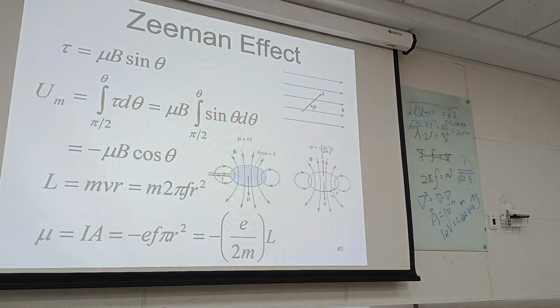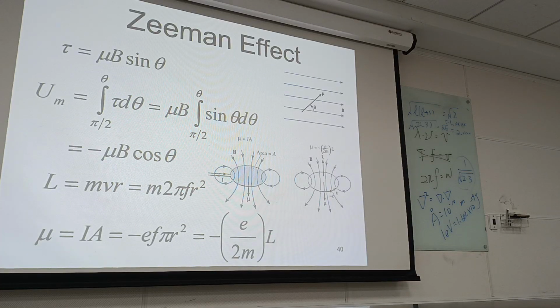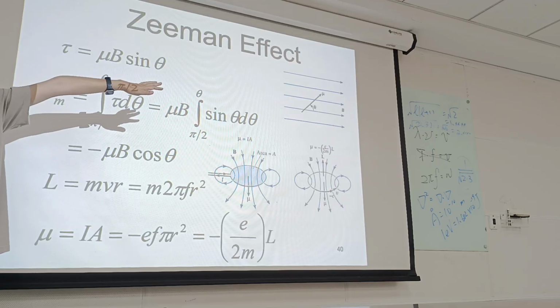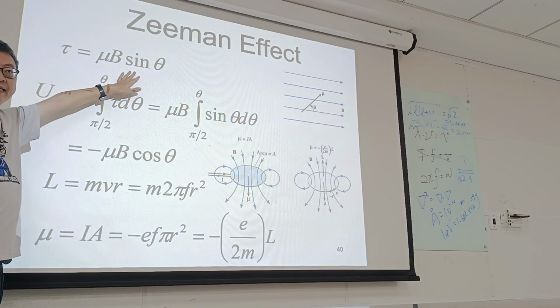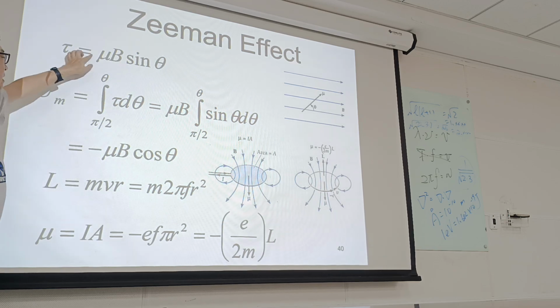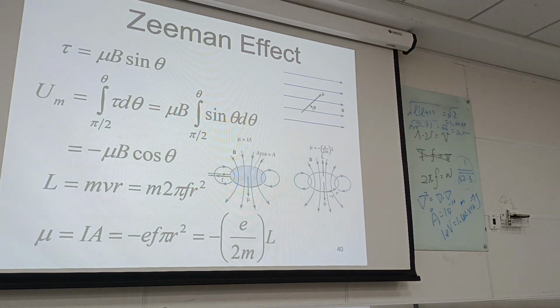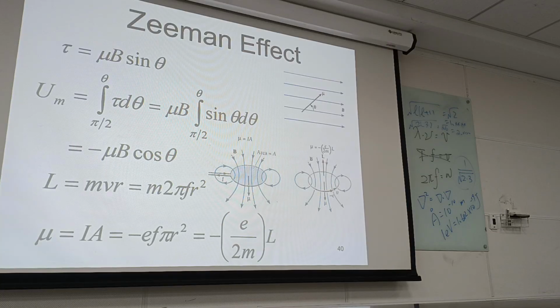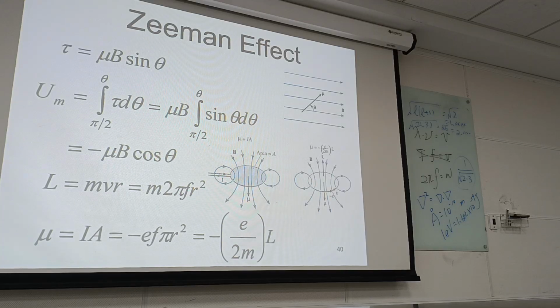If I have a magnetic dipole, meaning some circuit or whatever carrying a magnetic moment, inside a magnetic field, tau equals mu B sine theta. This is mu cross B, equal to mu B sine theta.